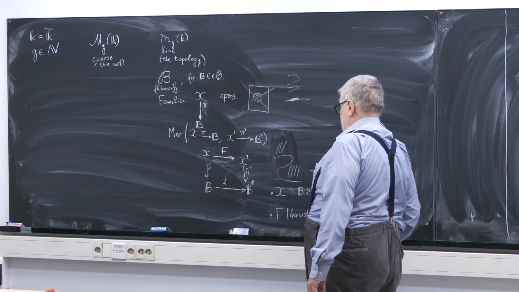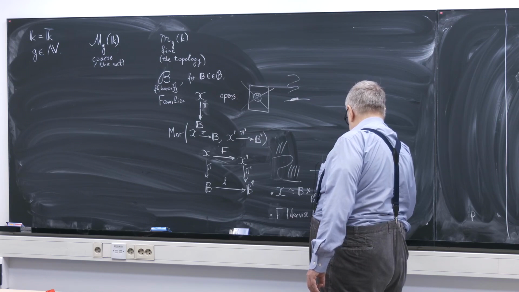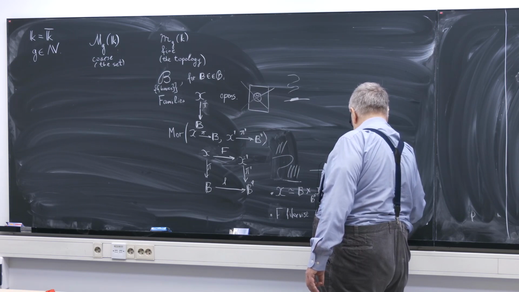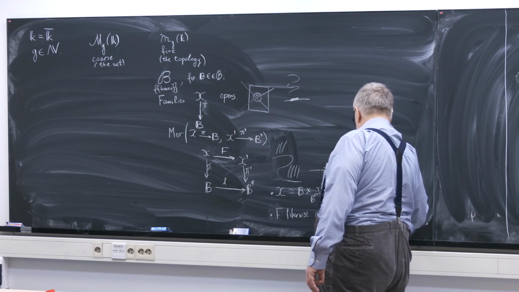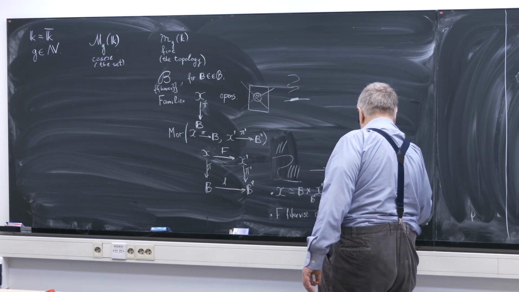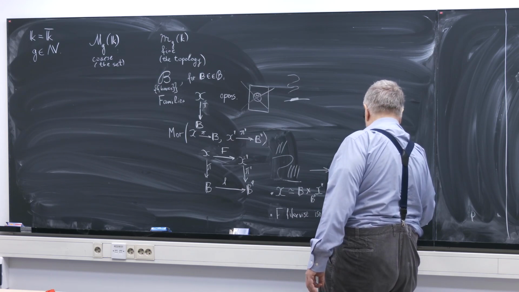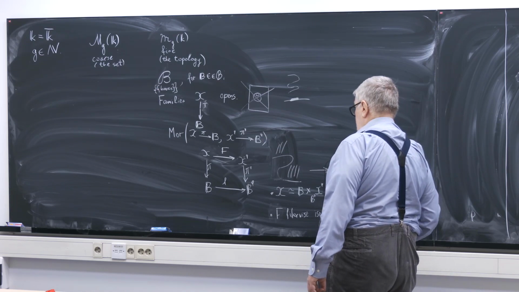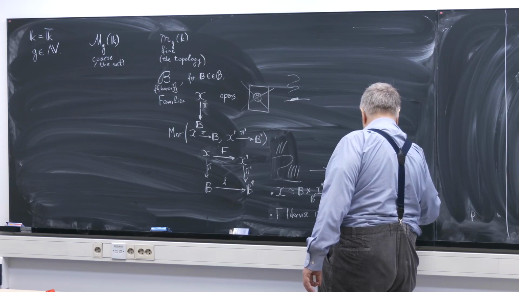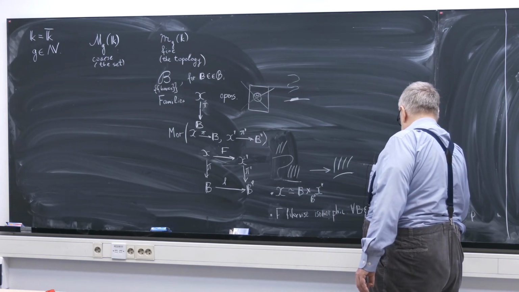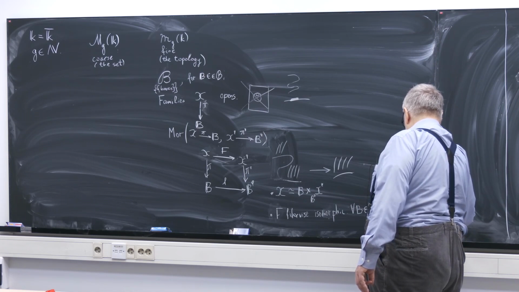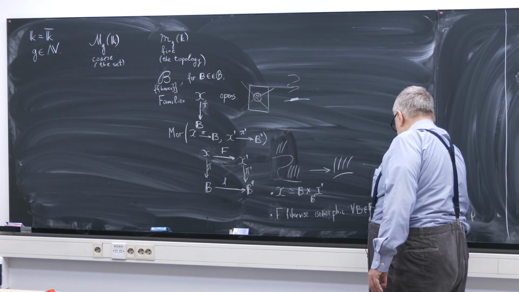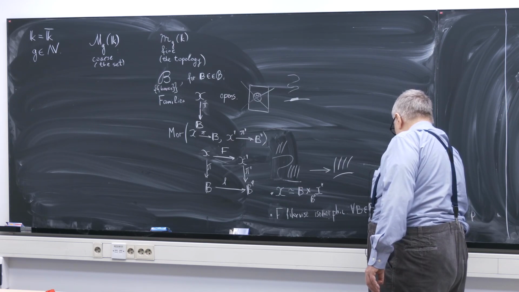That means obviously that for any point b of the base, note the fonts, the fiber X sub b is isomorphic to the fiber of X prime over b prime, not bold.